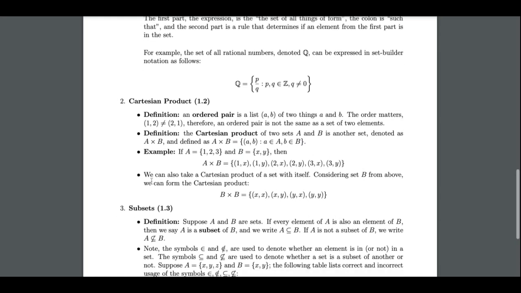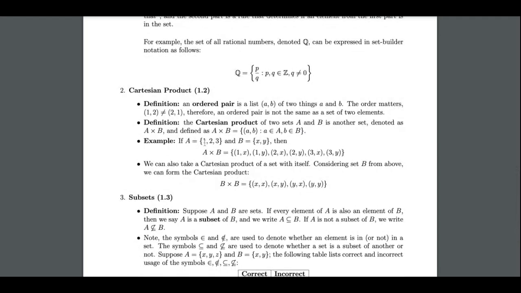Let's see an example. Usually I like to say members, elements. When I say member, you understand it as an element of a set, all right? So A has elements 1, 2, 3.